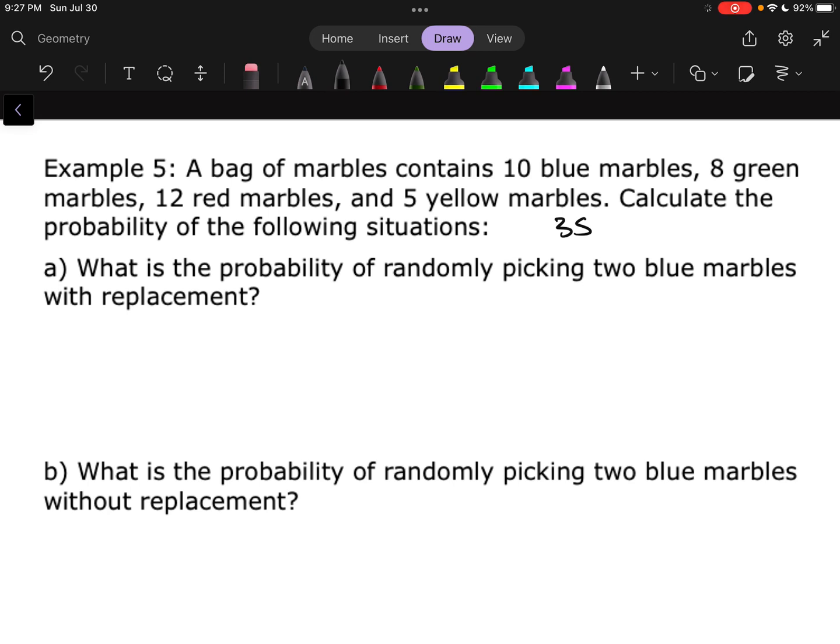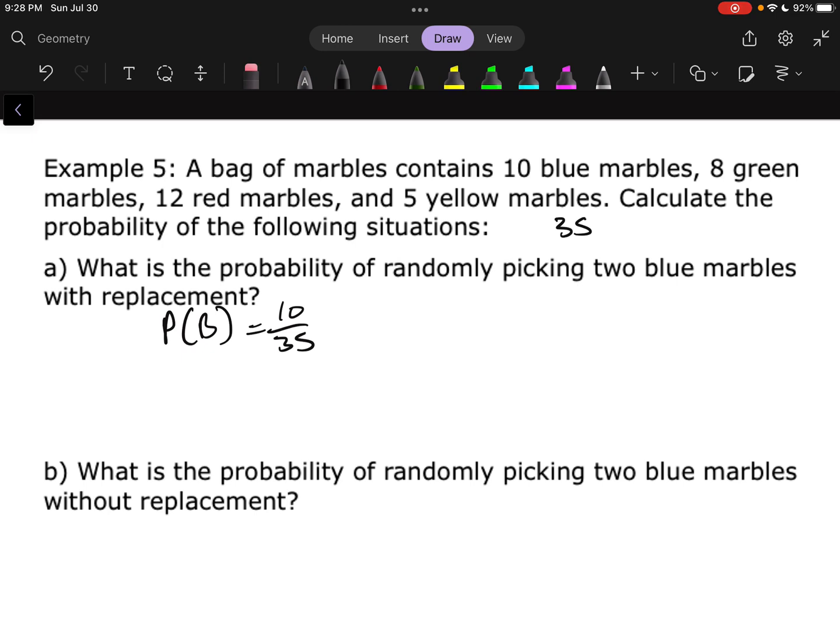What's the probability of randomly picking 2 blue marbles with replacement? Okay, so probability of blue. We have 10 blue out of 35. Now, when I pick that blue, I replace it. That's what the with replacement means. This means that these are independent events, meaning that we do not have to do any sort of subtracting.